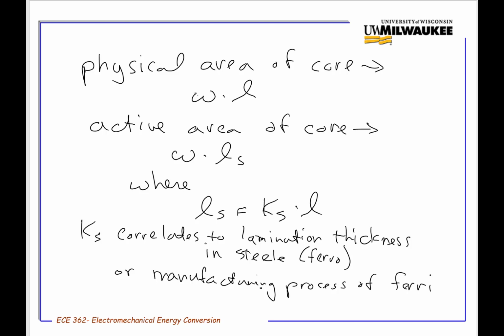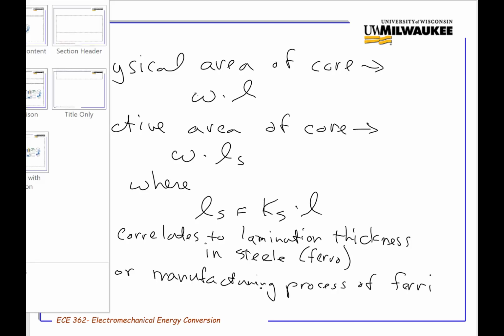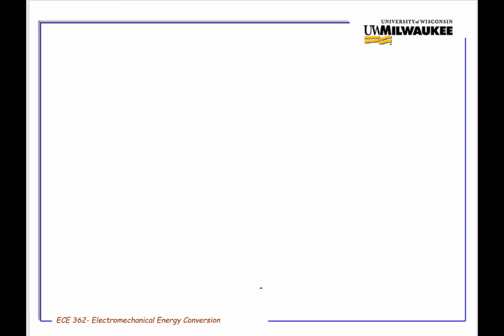What this means then is that the actual area of the core that you can use is going to be equal to Ks times W times L, where L is the physical length, or that's equal to width times L sub s.